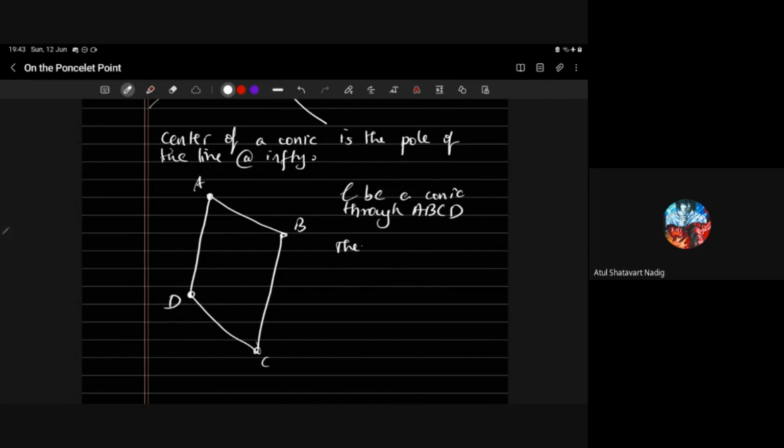Then the center of C is the point O. Okay, so can someone give me a short proof of this?